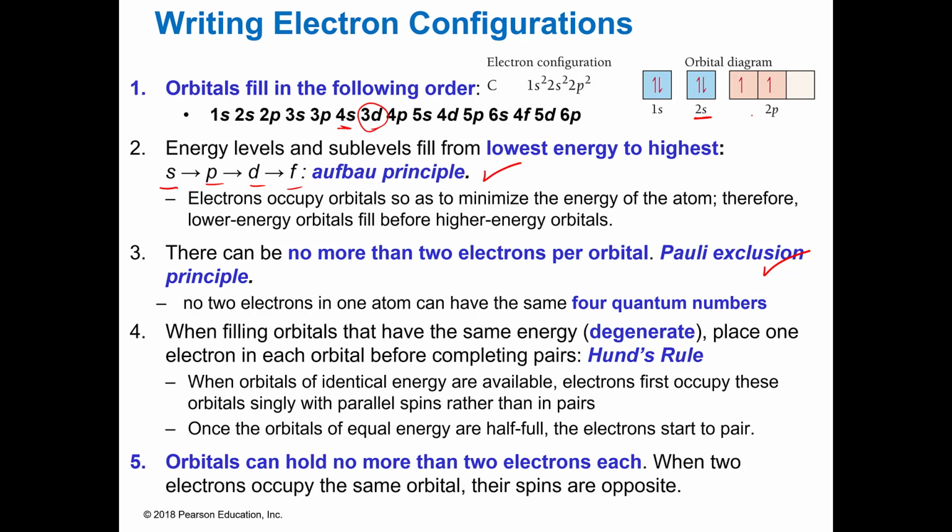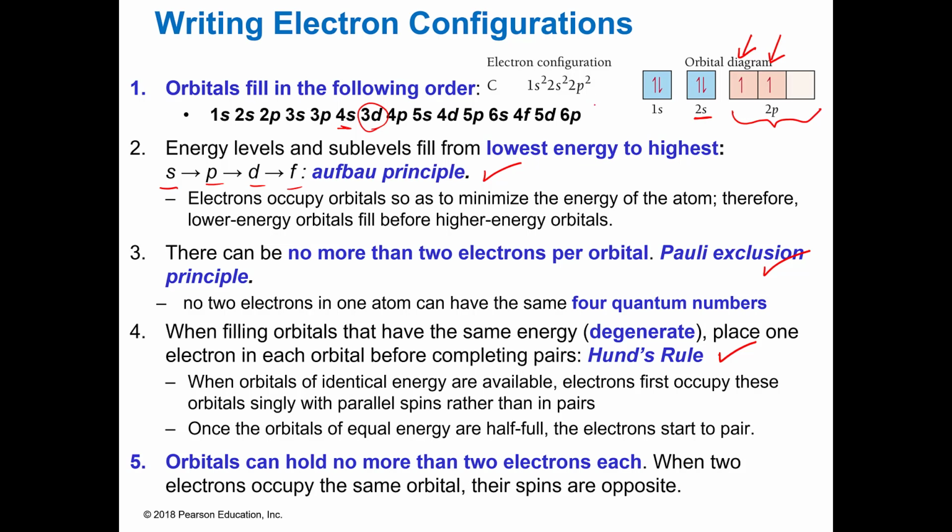Now, this third one is very important. Hund's rule. When you're filling orbitals with the same or degenerate energy, for example, 2p here, you've got to put 1 electron in each one before you can pair them up.